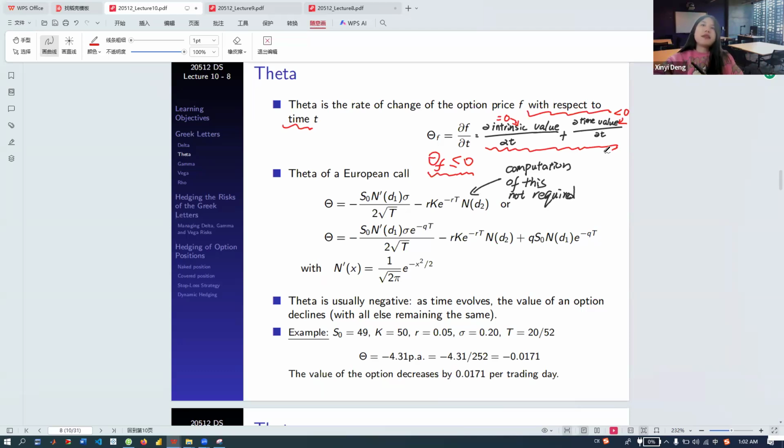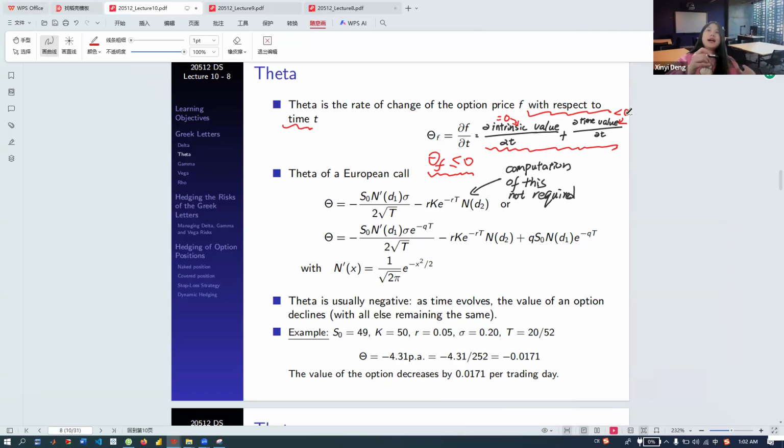The first derivative, intrinsic value against t, is actually equal to 0. And the first order derivative of time value with respect to t is smaller than 0.